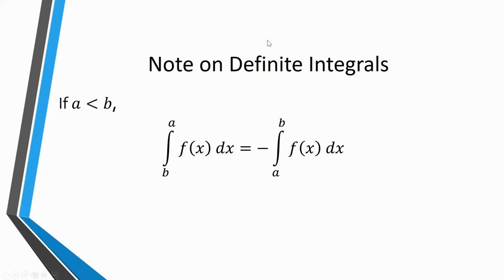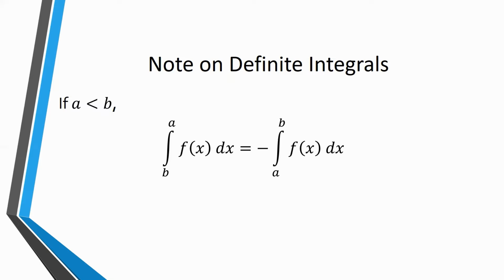So basically, if I change the order so that the smaller number is on top and the bigger number on bottom, then I need to integrate and flip the signed area. I go from a negative to a positive. Anything above the x-axis is treated as negative in that case, and anything below the x-axis is treated as positive.